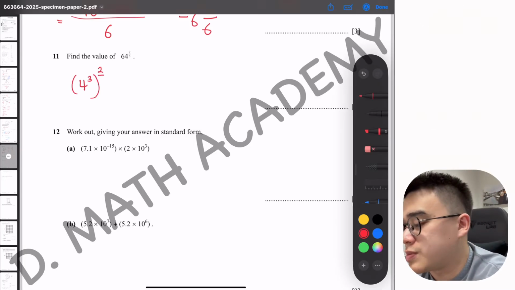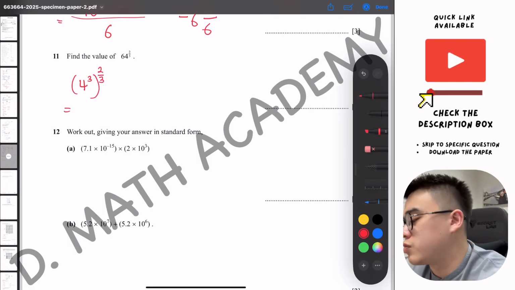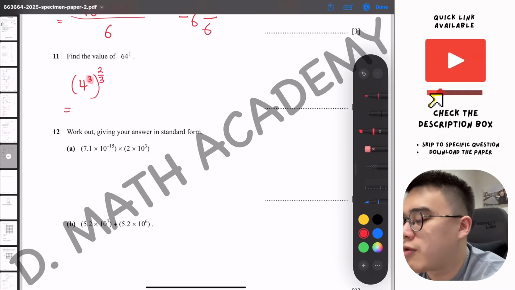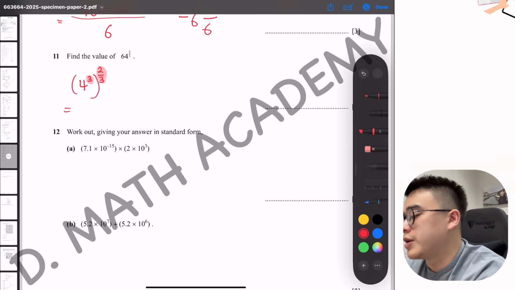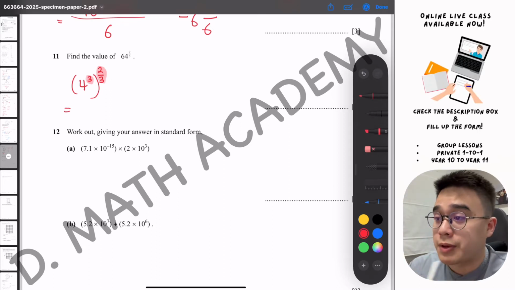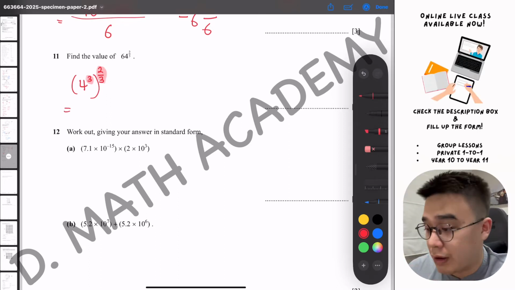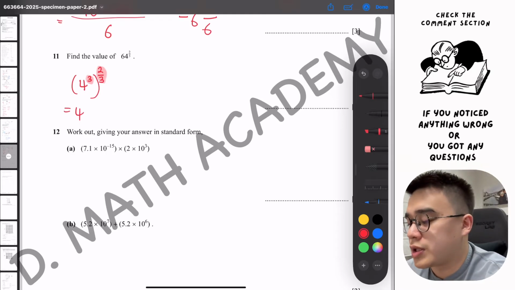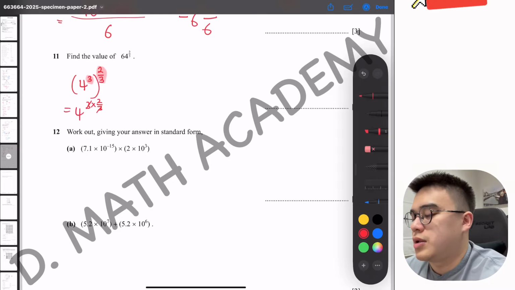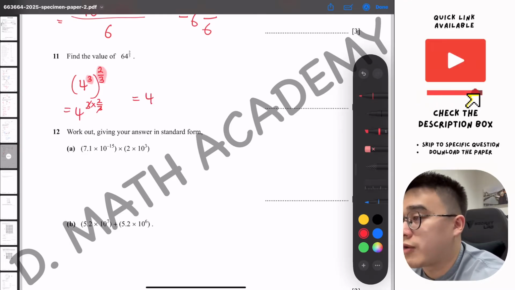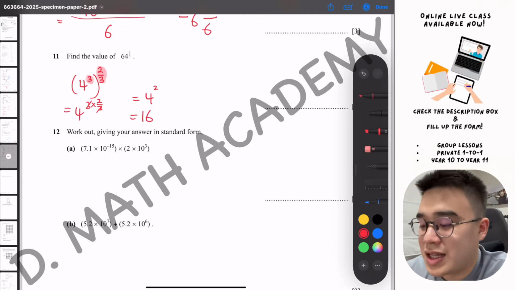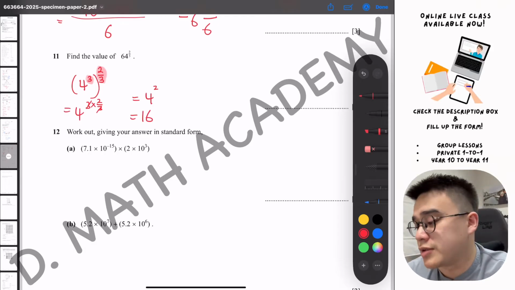The main assessment here is that they wanted you to know what to do with the power of 3 and 2 over 3 here. The relationship between them is actually a multiplication. So they wanted to see that you know you're supposed to multiply that up. The 3 would have cancelled and you get 4 squared. 4 squared is just 16 as your final answer.